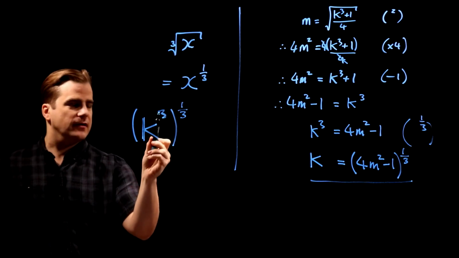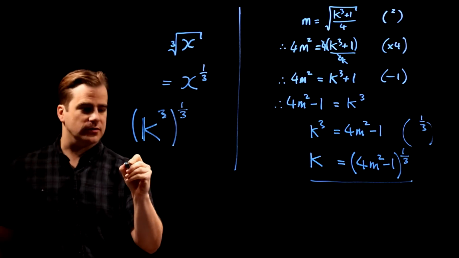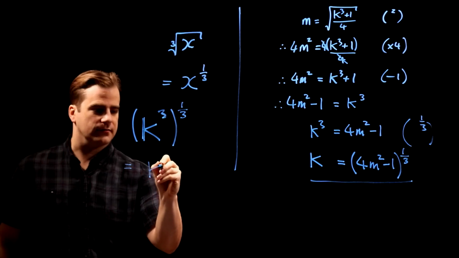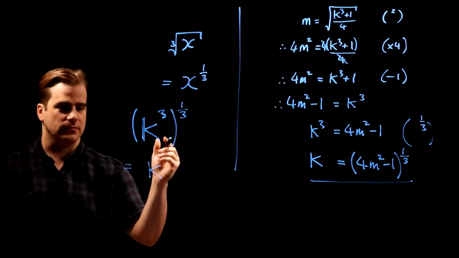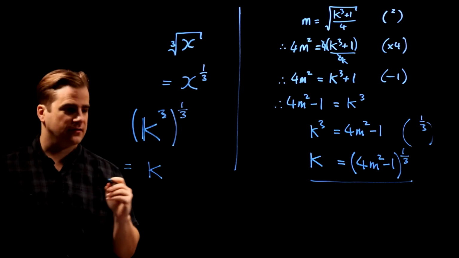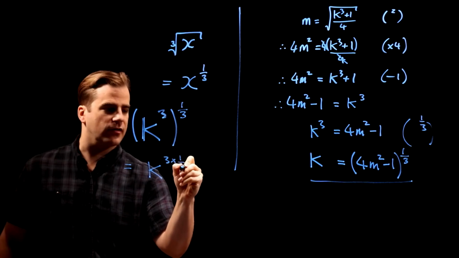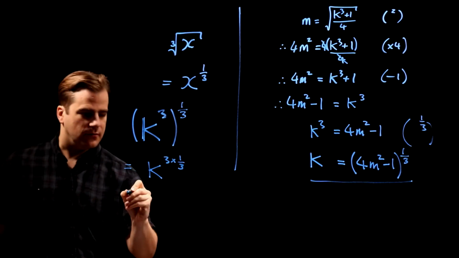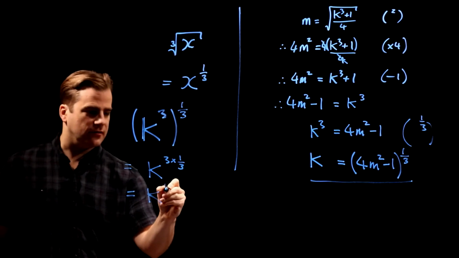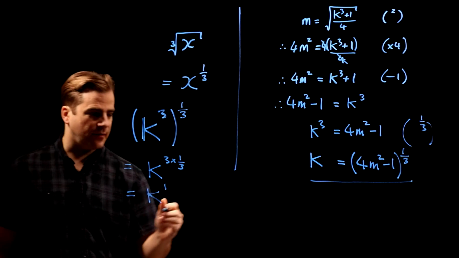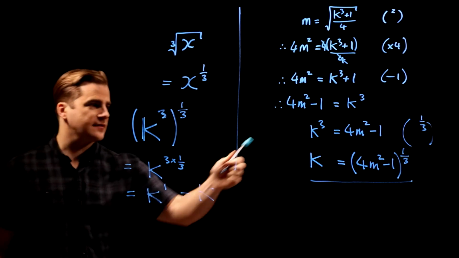Now, something to a power, then brackets to another power, is equal to the something with the two powers multiplied. Okay, it's the bracket rule. You multiply the powers. So that's k to the power of 3 times a third, which is k, 3 times a third is 1. And anything to the power of 1 is just itself. So that's how we went from there to there.